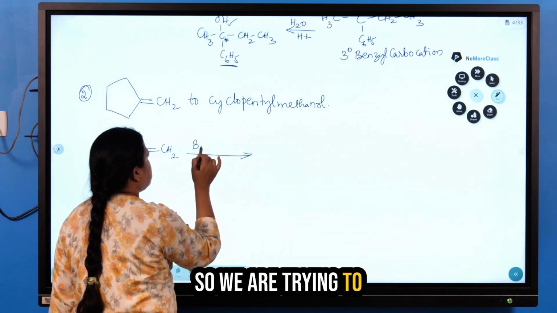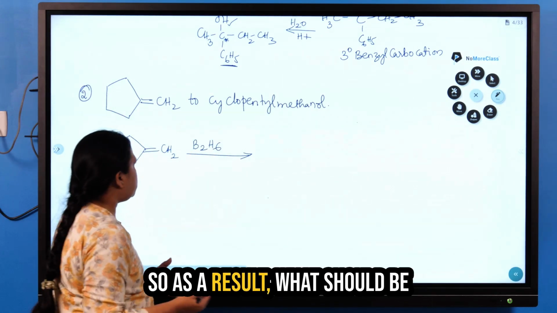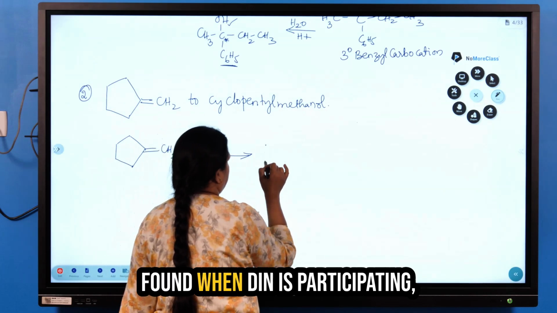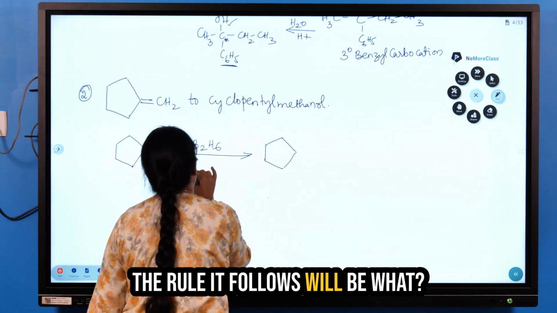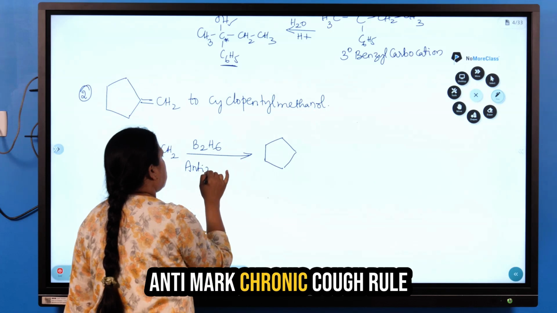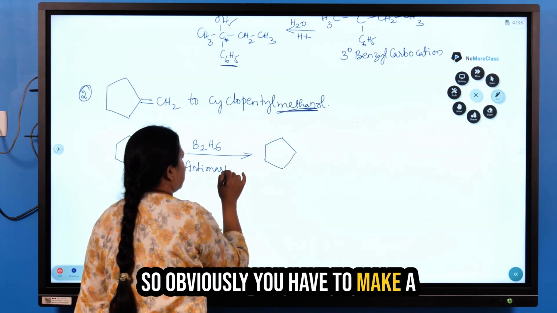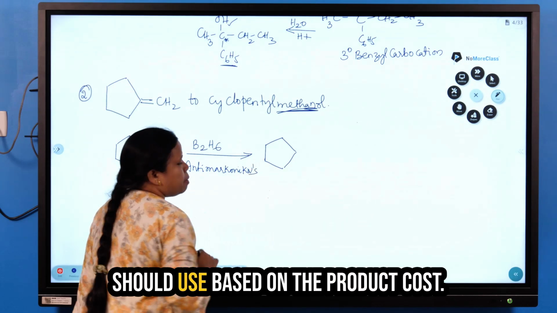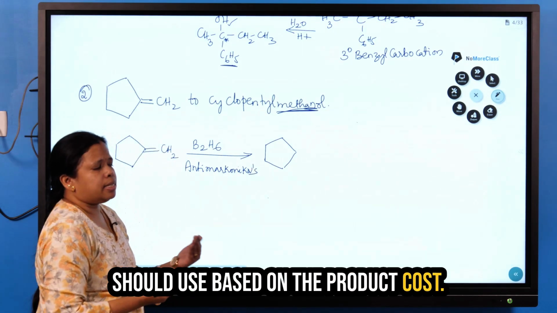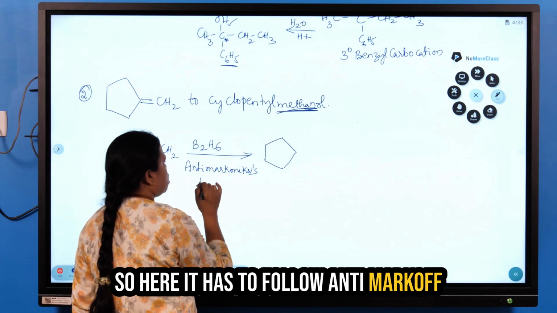So we are trying to make it react with diborane. So as a result, what should be formed? When diborane is participating, the rule it follows will be what? Anti-Markovnikov's rule. Because the product is a methanol, you have to make a conclusion about what reagent you should use. Based on the product, select the reagent. So here it has to follow anti-Markovnikov's rule.